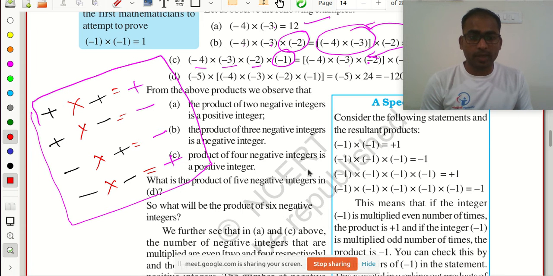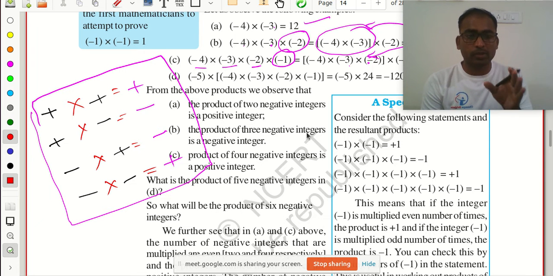Yes, if I multiply 6 negative integers, which result will I get, either positive or negative? Positive only, yes. So if I multiply an even number of times, I will get the positive integer.